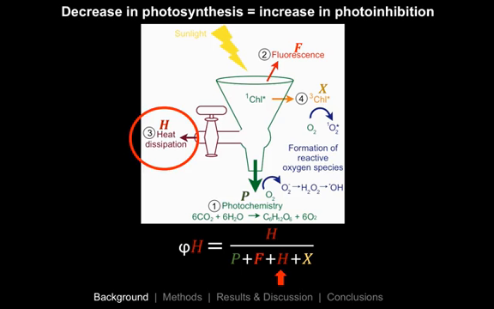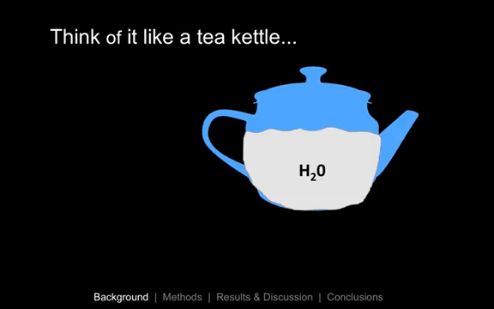So as that valve opens up and there's more heat being dissipated via the interconversion of the xanthophyll cycle, among other physiological mechanisms, we see a decrease in photosynthesis and an overall increase in heat dissipation.